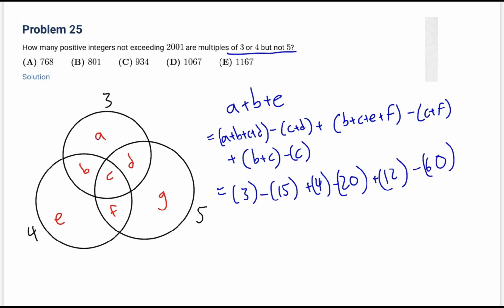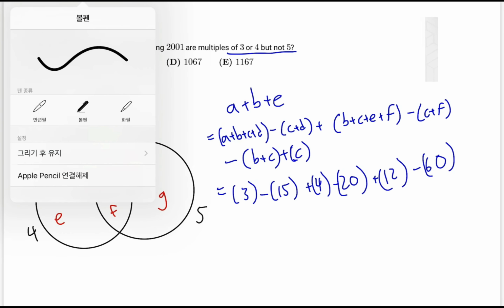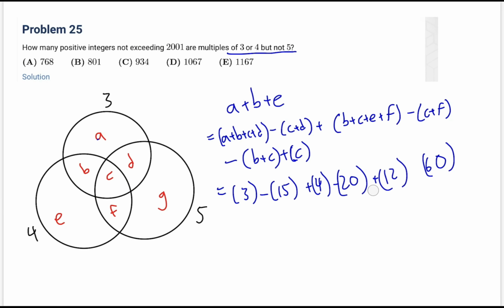No, actually we have to take out one B, right? Yeah, sorry, this has to be minus B plus C and then plus C, because we have to take out one B from this one. So this would be a minus 12 and a plus 60.